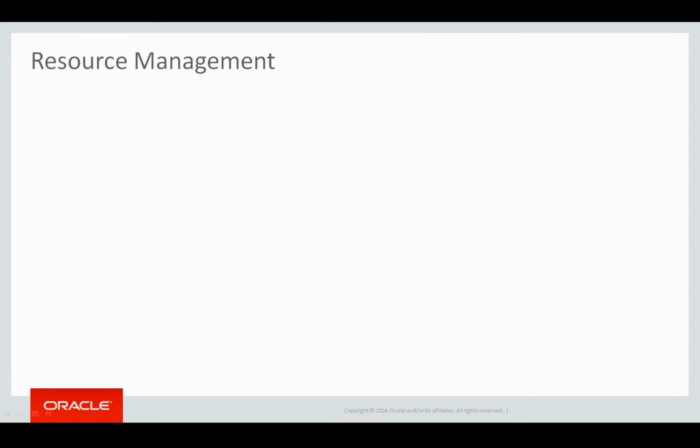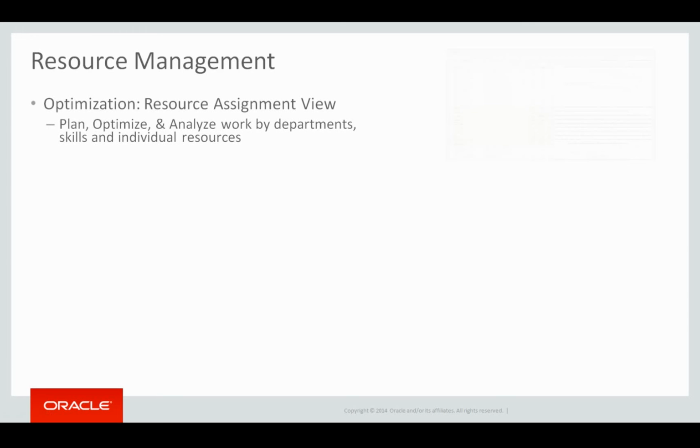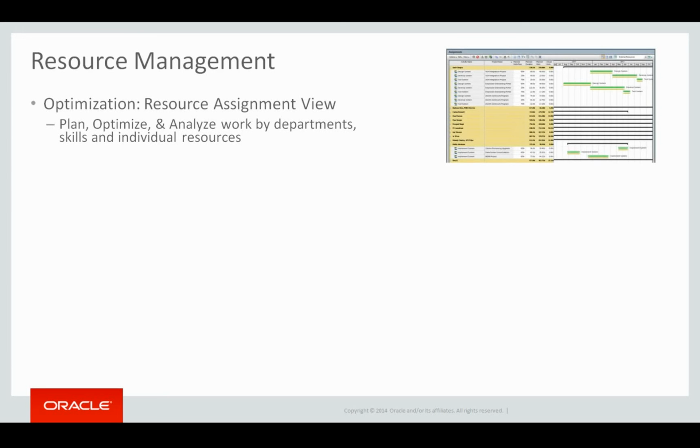In addition to these project management capabilities, P6 includes a set of resource management facilities that allow resource managers to have views into the work that is being performed by their teams of resources and allow that work to be divided or categorized by department, skill, and other categories.